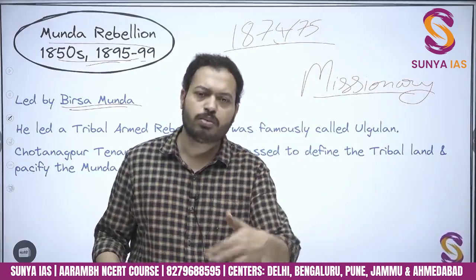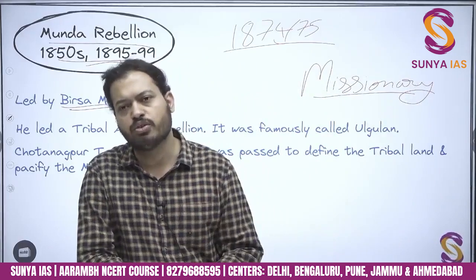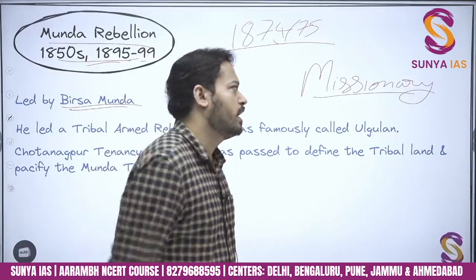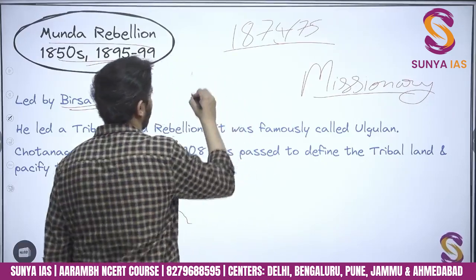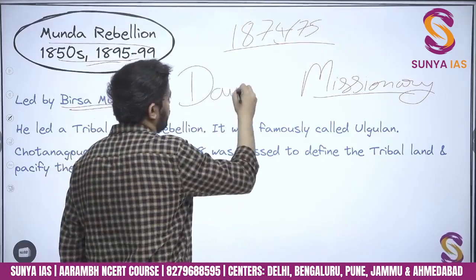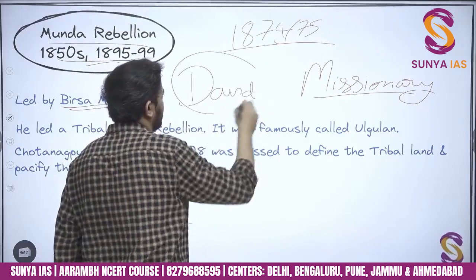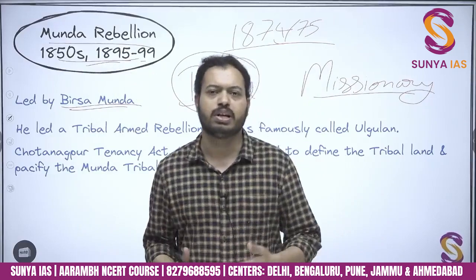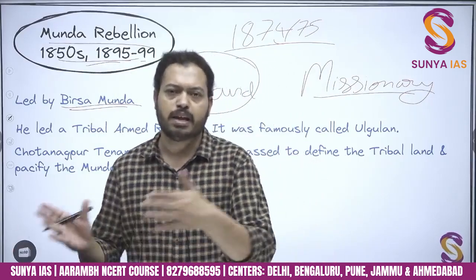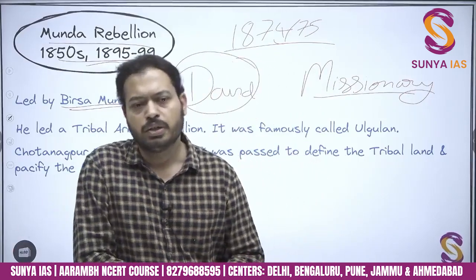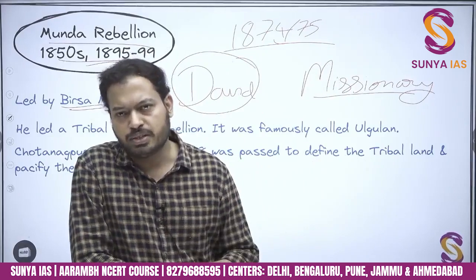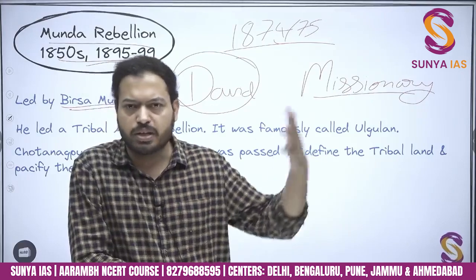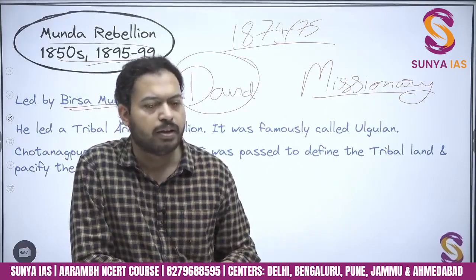So Birsa had a basic understanding of it. At this time Birsa converted to Christianity and his name was changed to David. But then Birsa and his family realized this was wrong, and they came back into the fold of their original religion, the tribal animism they used to follow before.